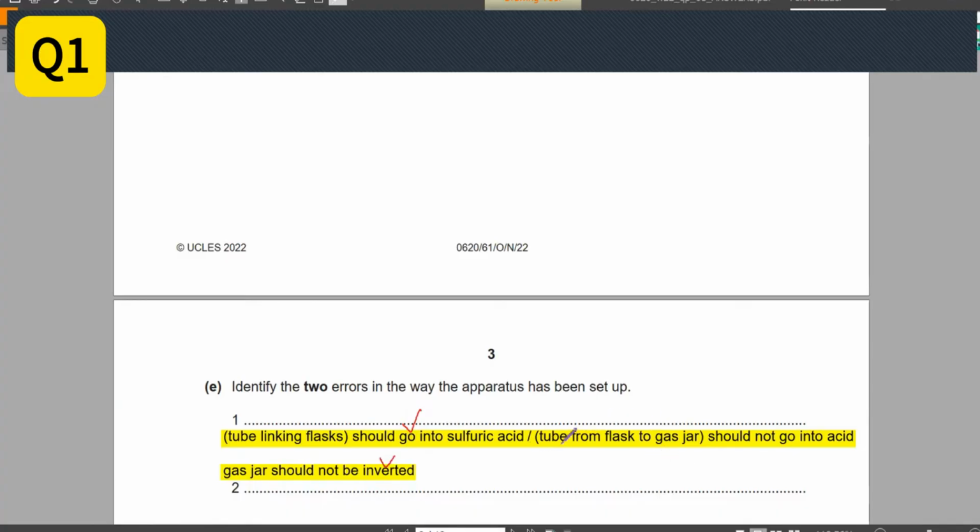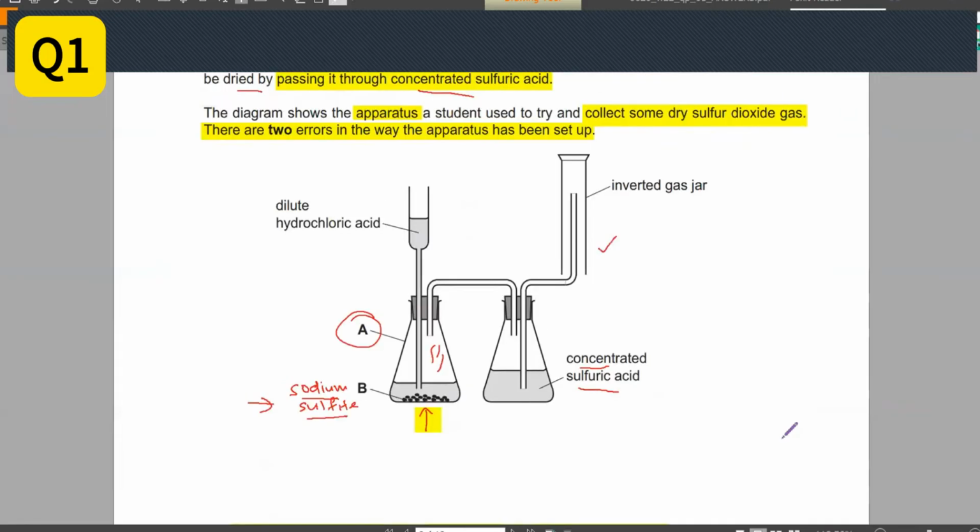Another one, the tube from the flask to the gas jar should not go into the acid. So the first error here, this tube should go into the acid, because we make sure that all the bubbles of the gas that form here will pass through the acid and get dried there. So this is the first error. The tube should go into the acid.